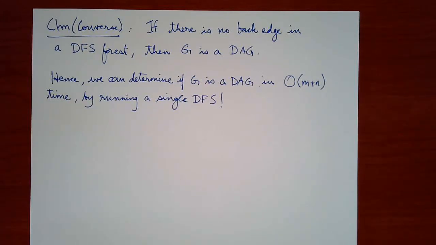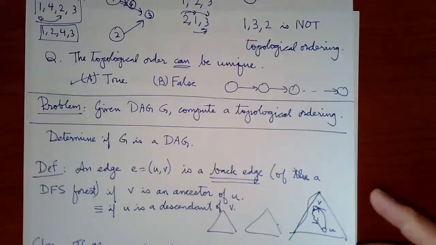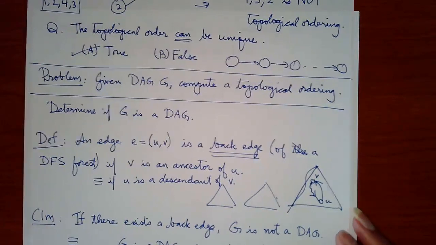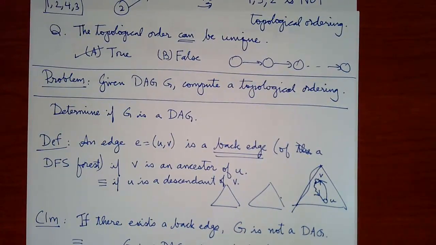How do you know for any edge whether it's a back edge? Good question. How do you determine if an edge is a back edge? I guess you can look at the times of V and U to see if they're descendants. Exactly.